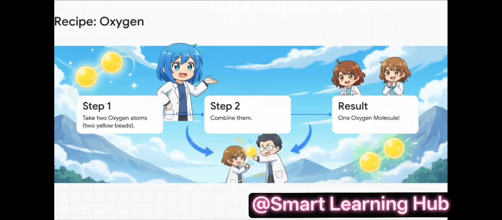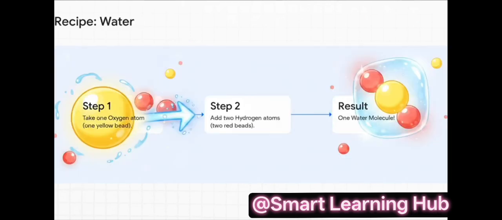Okay, first up, the very oxygen we're all breathing. What's the recipe? It's super simple. You just take 2 oxygen atoms, that's our 2 yellow beads, snap them together, and bam, you've got 1 oxygen molecule.